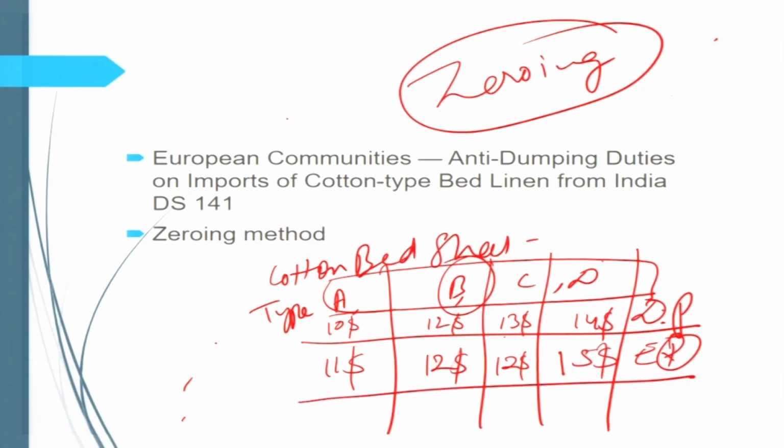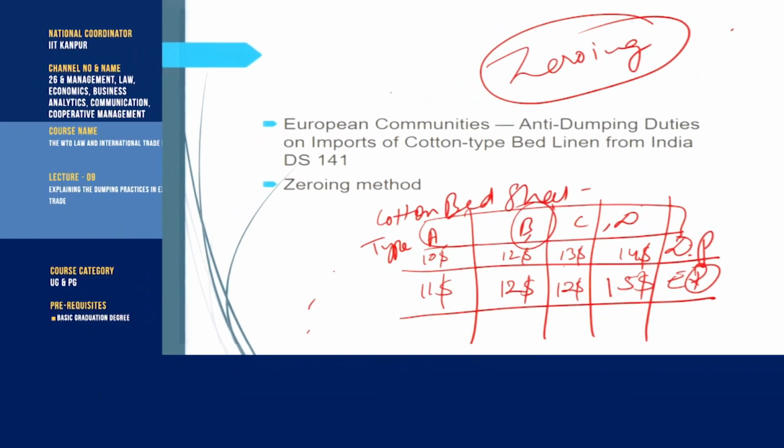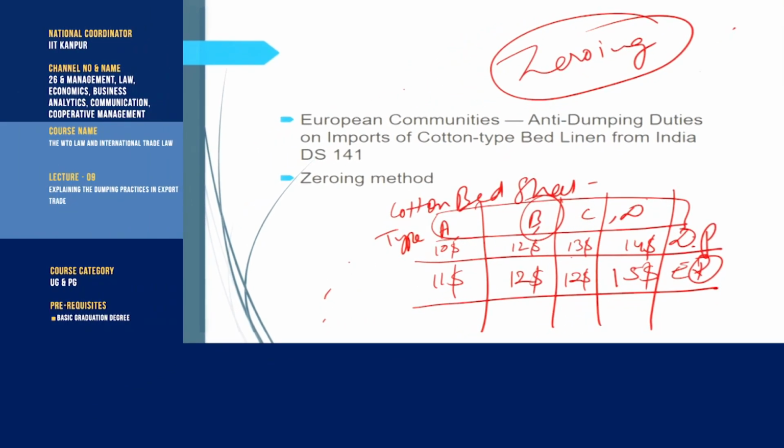Now we find out the dumping margin. This is like how we explain the zeroing method. We find the dumping margin, that is the export price minus the domestic price.